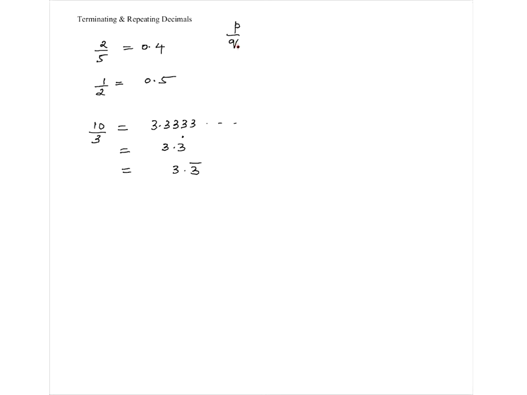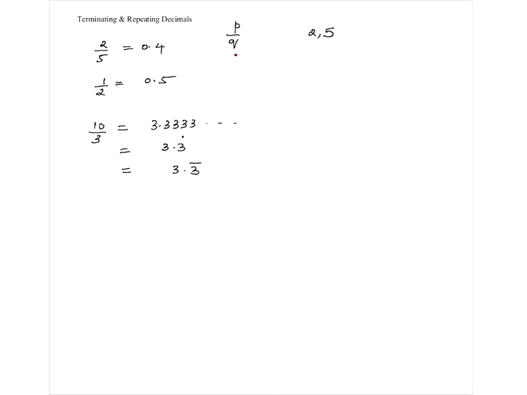Then find the factors of Q. If you find no other prime besides 2, 5, then it means that it will be terminating type.